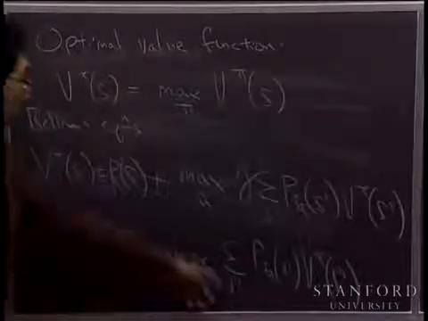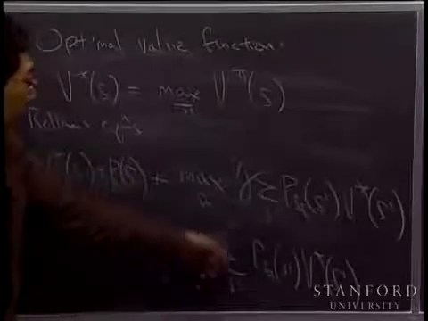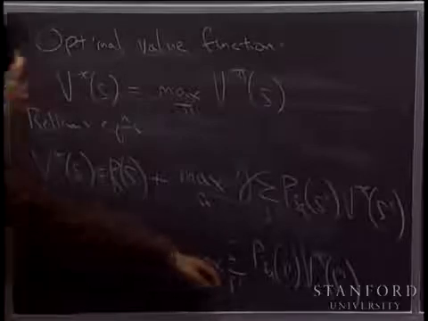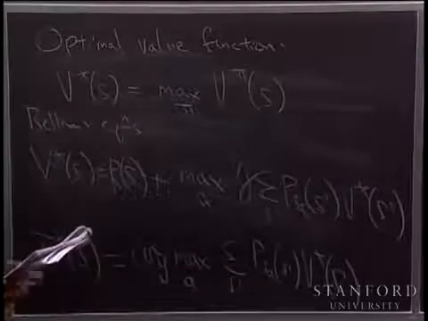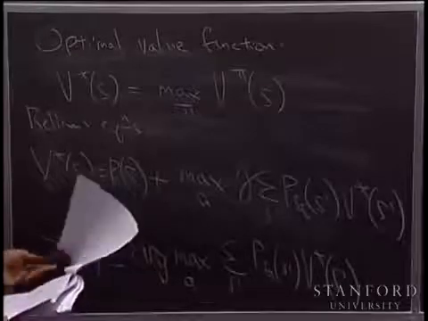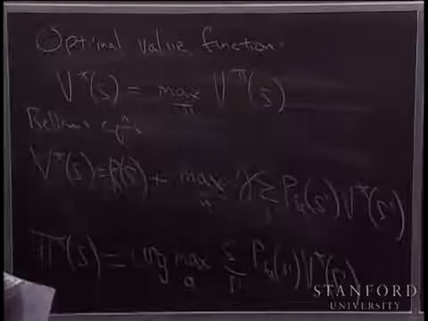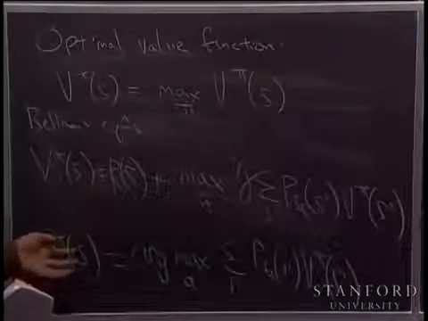I could also put the gamma there, but gamma is almost always positive, so I'll just drop that, since it's just a constant scaling factor and doesn't affect the argmax. A consequence of this definition is that pi star is actually the optimal policy, because pi star will maximize my expected total payoffs.